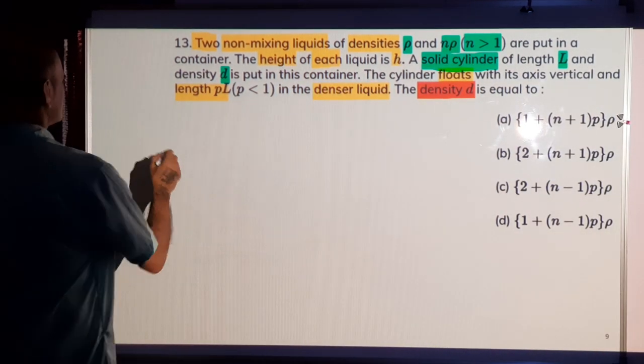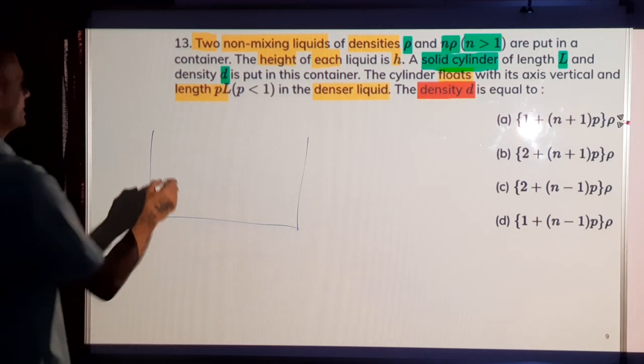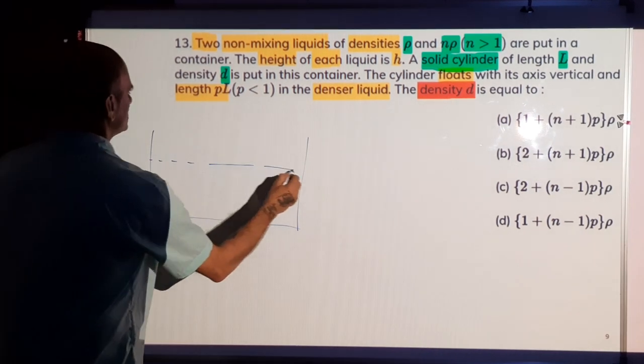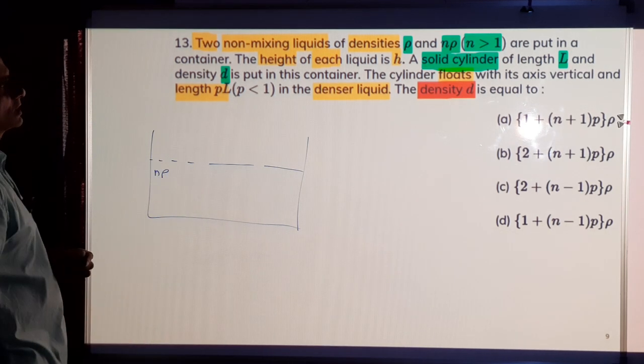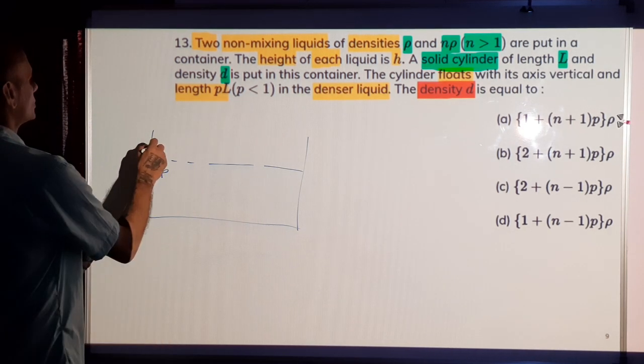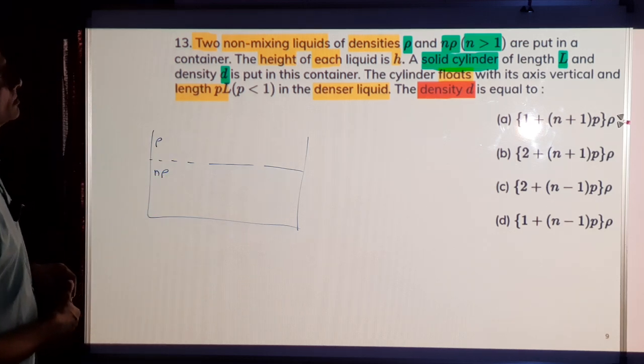So two liquids, the heavier liquid will be at the bottom. The heavier liquid density is n rho because n is greater than 1, and the lighter liquid is rho, which will be at the top. The heavy liquid will sink to the bottom.